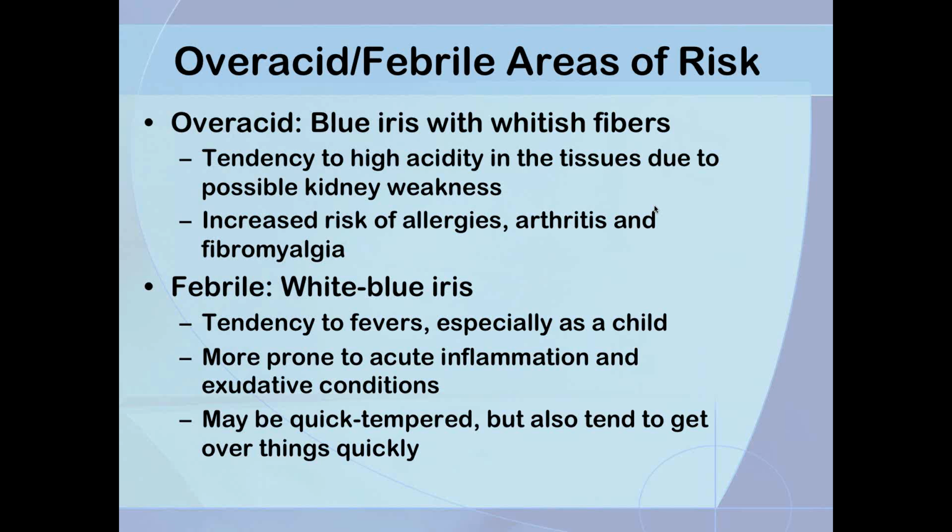Now, with the febrile type, all of the things with the overacid type apply, but there's also a higher tendency towards fevers, especially in a child, so there's that kind of hot condition, and also more of a tendency to acute inflammation and exudative conditions.